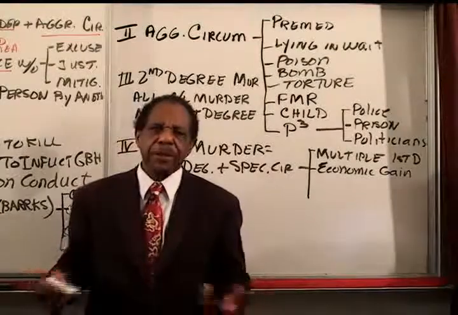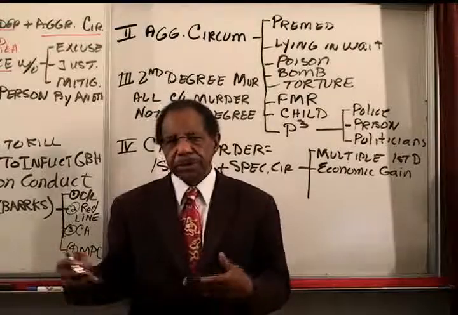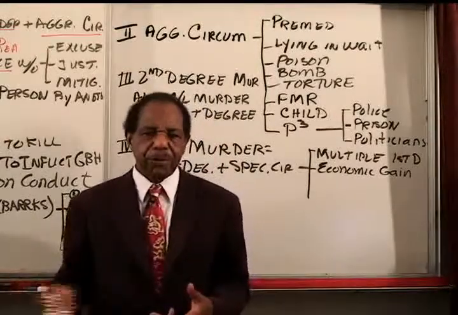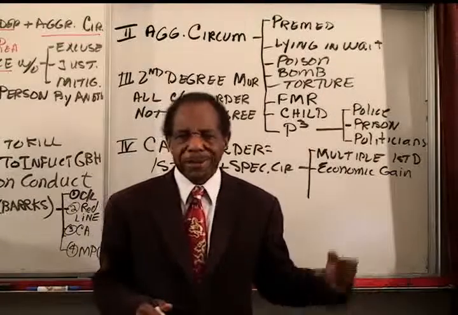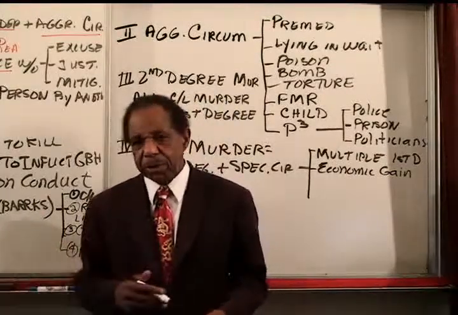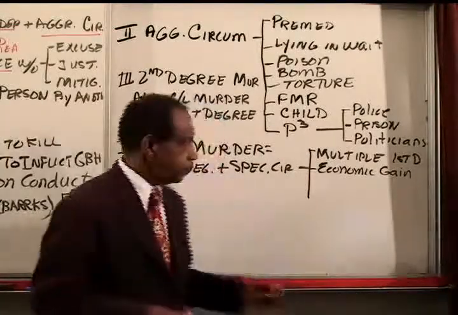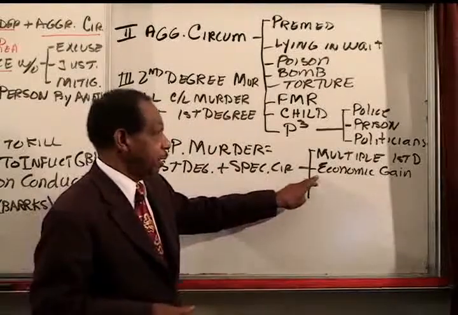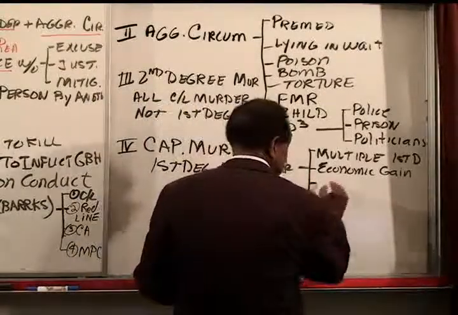We're talking about white collar type economic gain, like killing your joint tenant in order to take over the ownership of Blackacre, killing the insured person in order to get the insurance money, killing the testator in order to get the money from the will sooner, that kind of stuff, killing your law partner to take over the law firm. And that kind of economic gain will get you special circumstances.